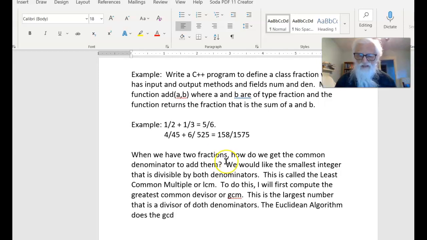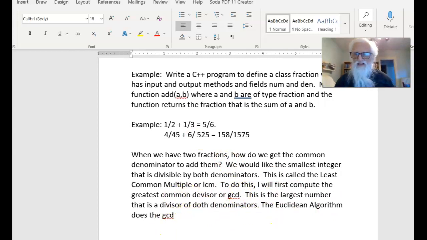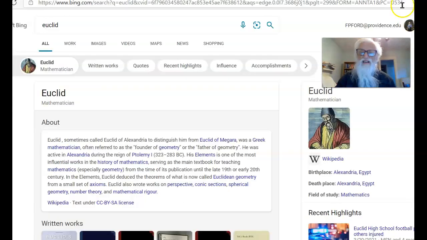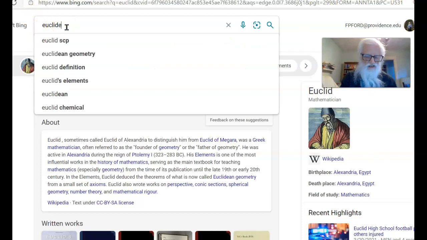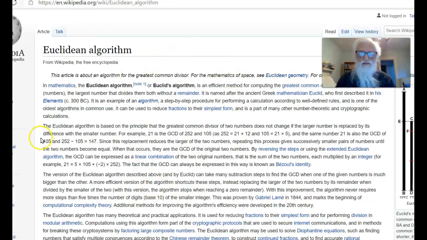GCD, I think it is, pardon me. Greatest common divisor. I knew there was something wrong there. It's not GCM. So just to show you, I'm going to go back to here, and I'm going to put in the Euclidean algorithm, and you see it pops up right away, and it will tell you it's an efficient method.